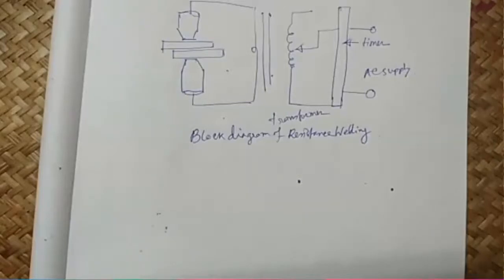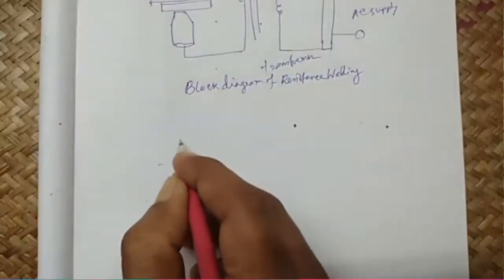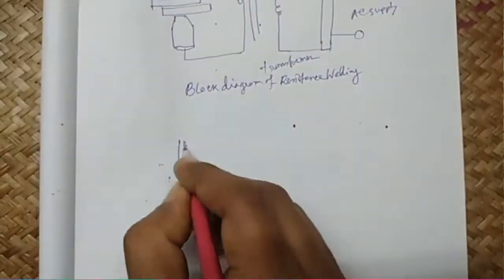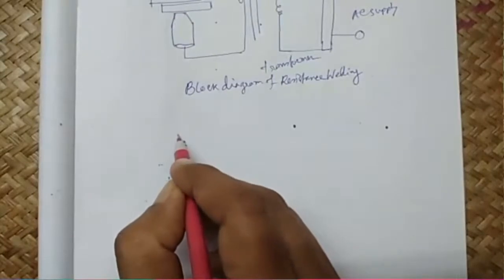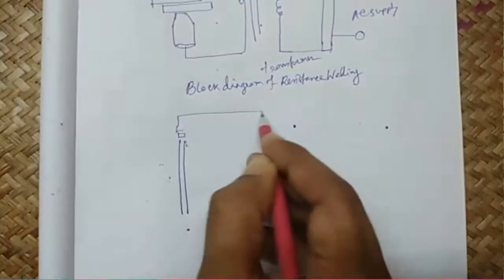So there are different components, the equipment. We'll learn them one by one. Initially, a machine, which you have normally seen in job shops, looks like this. There is a cover. Let me draw the figure.